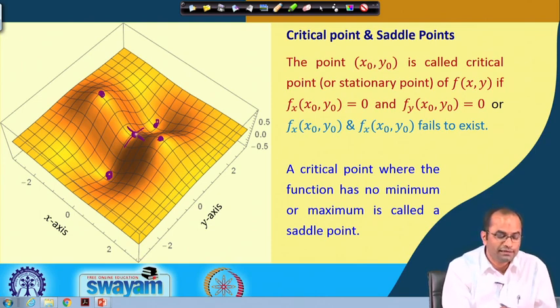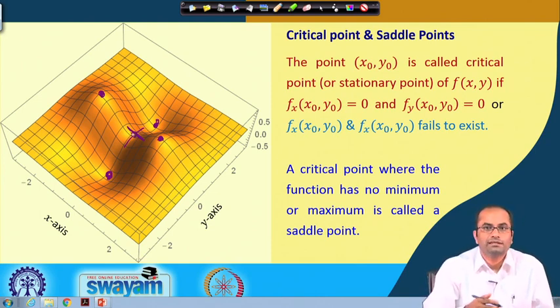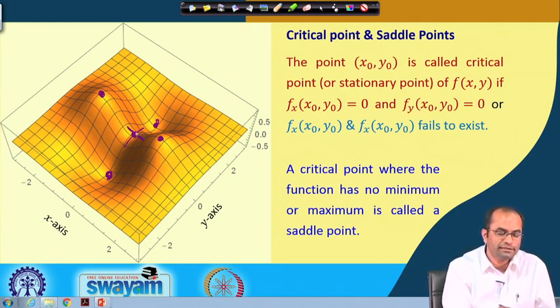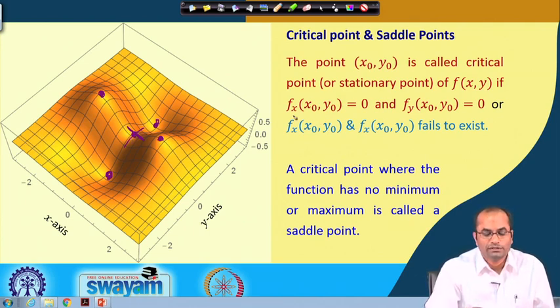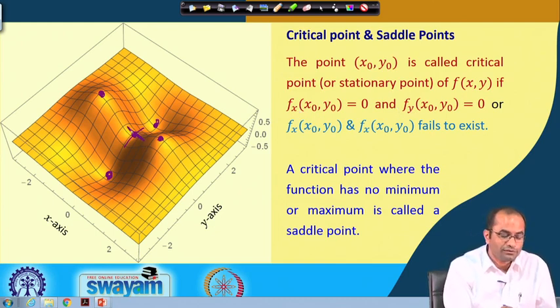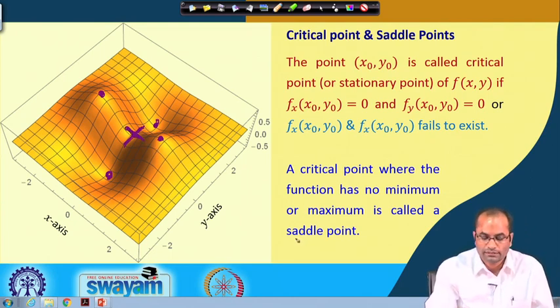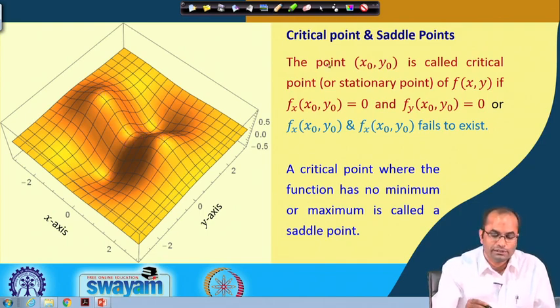So, this point we cannot identify as a local maximum or local minimum, though the partial derivatives at this point were 0 with respect to x and with respect to y. So this is a stationary point, but it is not a local maximum or local minimum, and such a point will be called a saddle point. That terminology we will use in today's lecture.